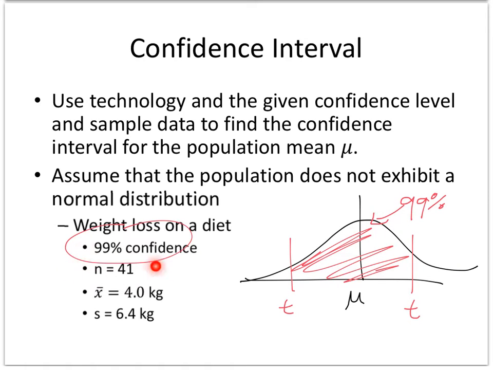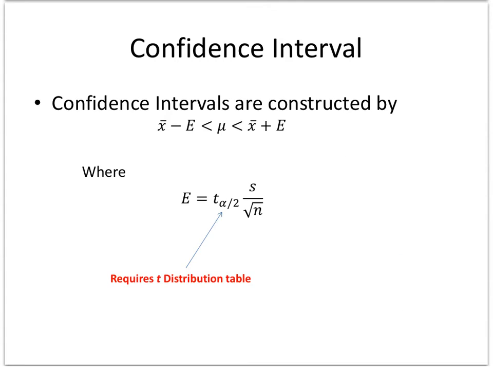The sample size is 41. The sample mean is 4.0 kilograms. And the sample standard deviation, because we don't know the population, so this is s instead of sigma, is 6.